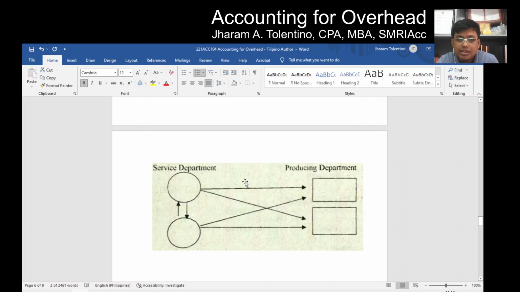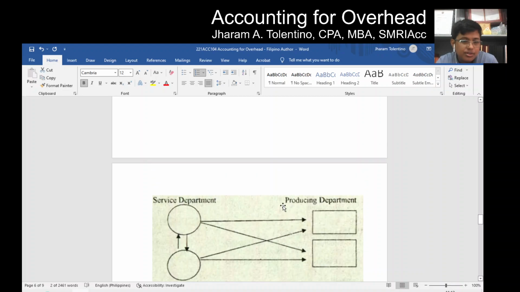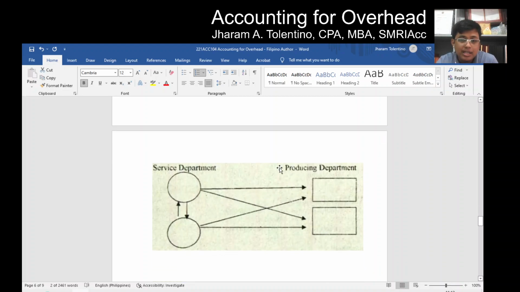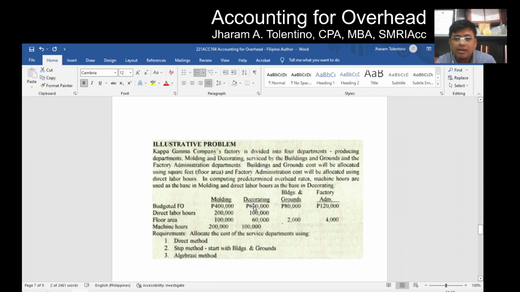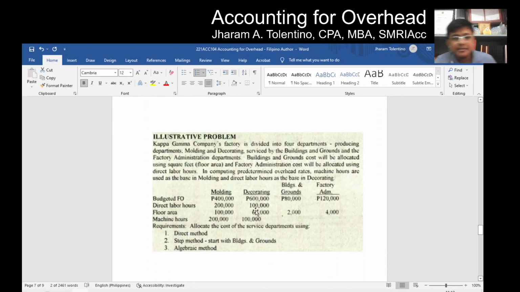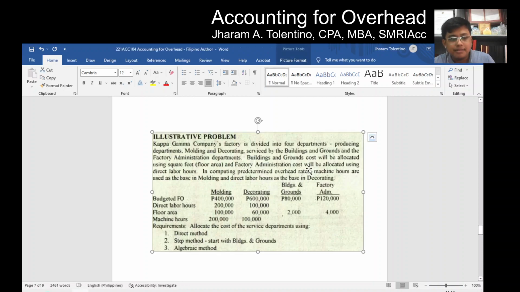Kaya lang ang question dito, pag ganyan yung nangyari, malalagyan ulit ito ng amounts na i-allocate niya ulit. Na kung saan ito magkakaroon ulit ng amount na i-allocate. So, mahaba computation to ng mano-mano. So, instead of mano-mano yung gagawin natin, which is ma-explain ko mamaya, mag-algebraic method na po tayo dyan. Okay? So, let's have the illustrative problem for it.